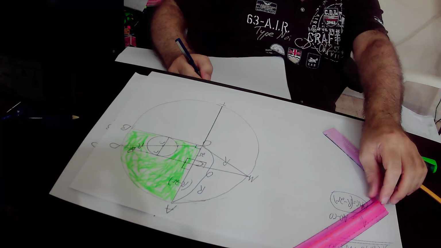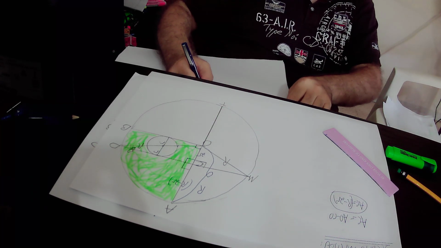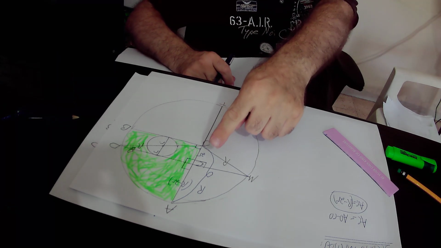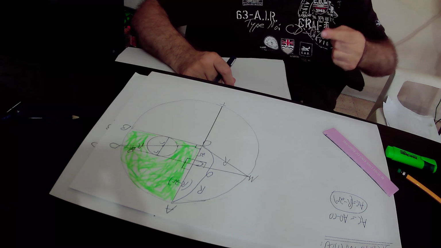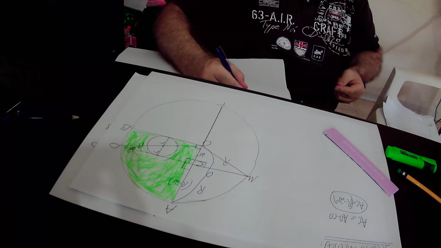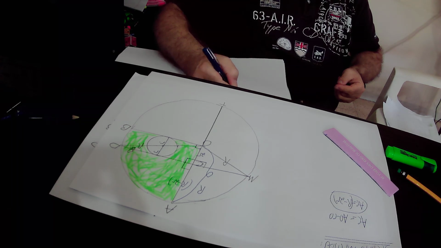So why can those two right triangles go into each other? First of all, side CO is a common side that belongs to both triangles, so CO equals itself.